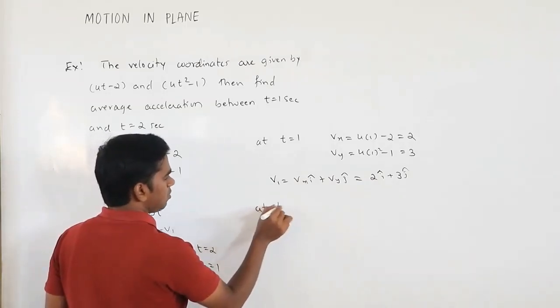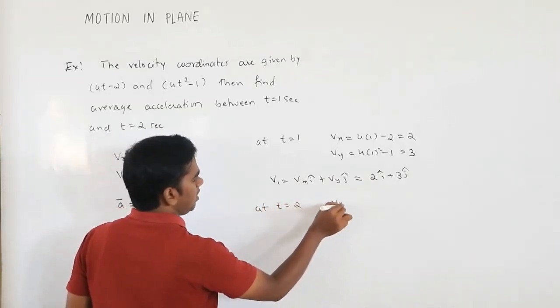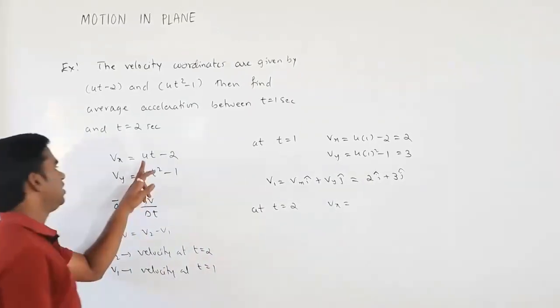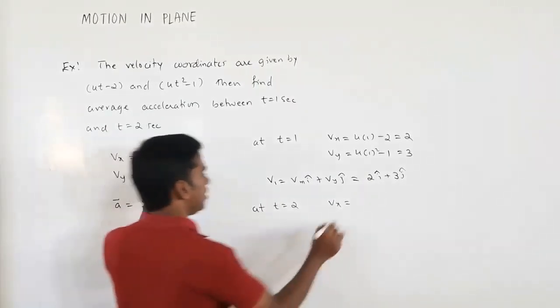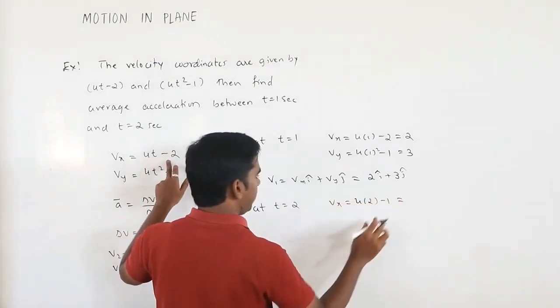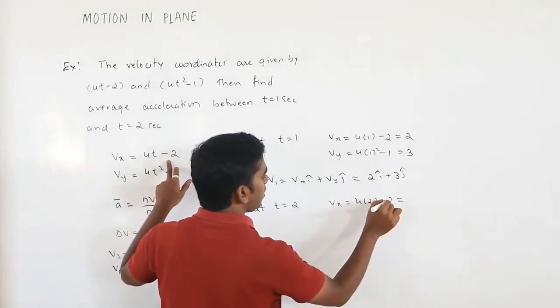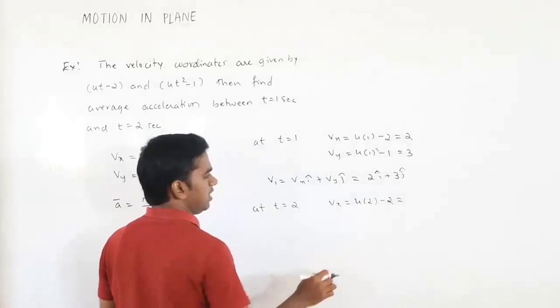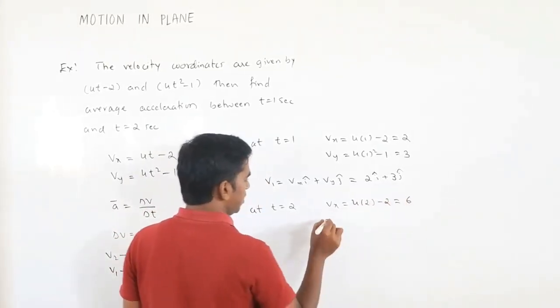At t equals 2, substitute t equals 2 in Vx: 4 into 2 minus 2. 4 twos are 8, so 8 minus 2 becomes 6.